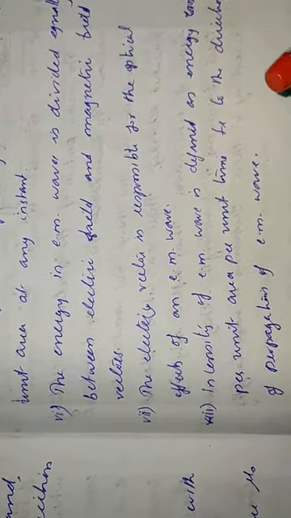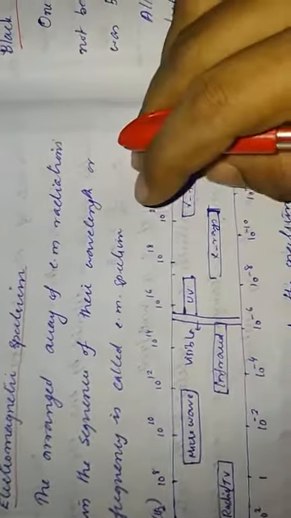The intensity of electromagnetic wave is defined as the energy crossing per unit area per unit time, perpendicular to the direction of propagation of electromagnetic wave. It is the usual definition of intensity. It is the energy per unit area per unit time propagated or transported by the electromagnetic wave when it is propagating. So these are about electromagnetic wave and its characteristics.